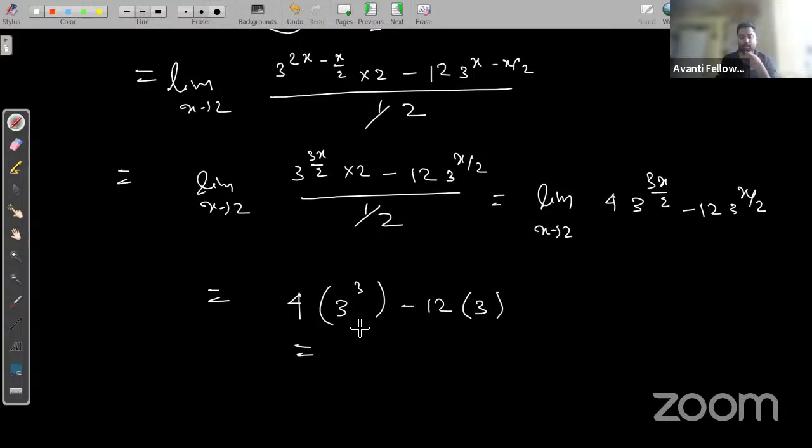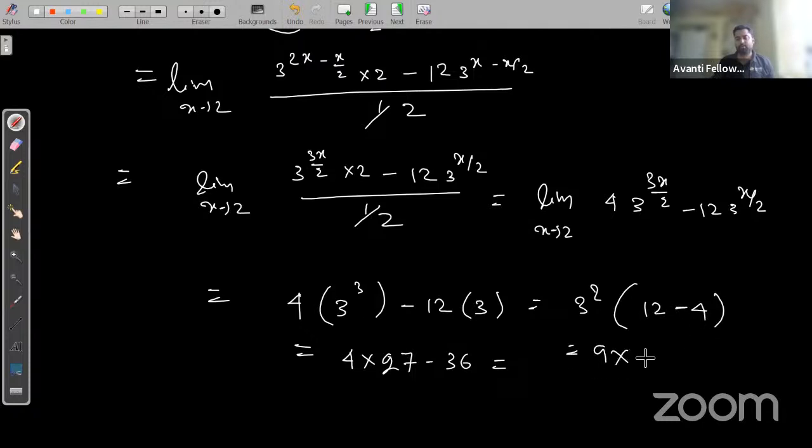So it will be 4 into 27 minus 36. Common is 3 square. If we take 3 square common, this will be 12 minus 4, so 9 into 8. How will this happen? We made some mistake.